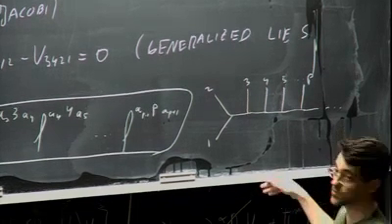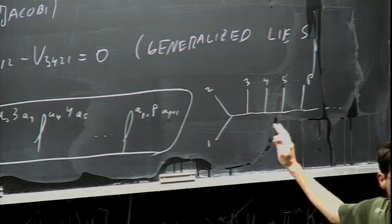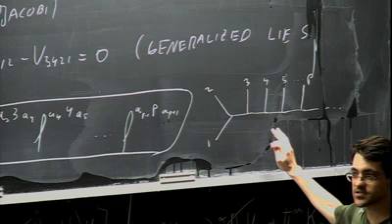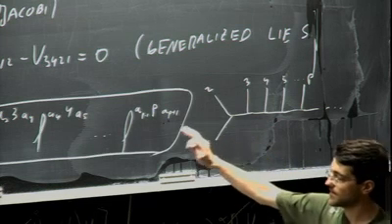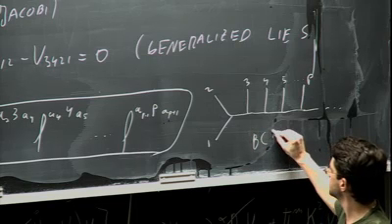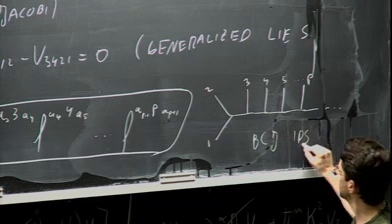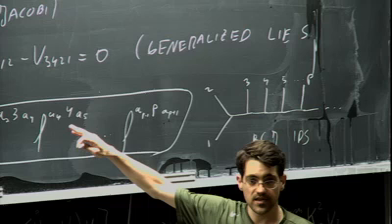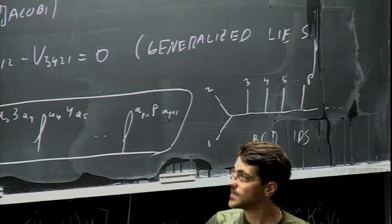There is a nice structure here which is related to the BCJ identities, simply because of the definition of these V's.